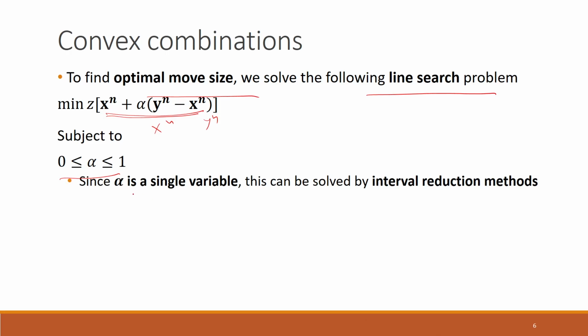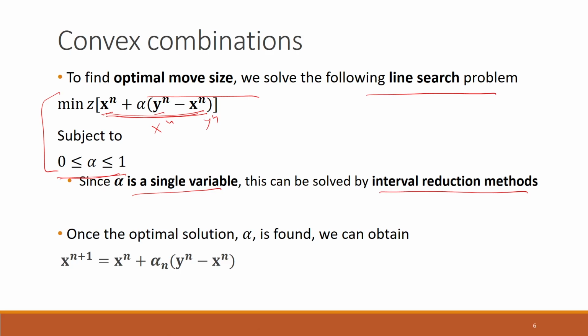Since alpha is a single variable here, this can be solved by an interval reduction method. When we are solving this optimization problem, xn is known, and yn is also known from the previous optimization problem that we solved. So the only thing that we want to determine is this variable alpha, which goes from 0 to 1. It can be solved by any of the interval reduction methods, like the golden section method or the bisection method that we discussed.